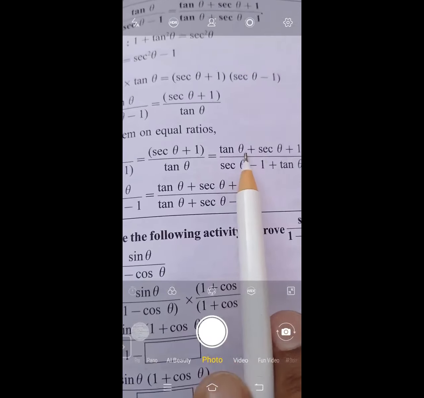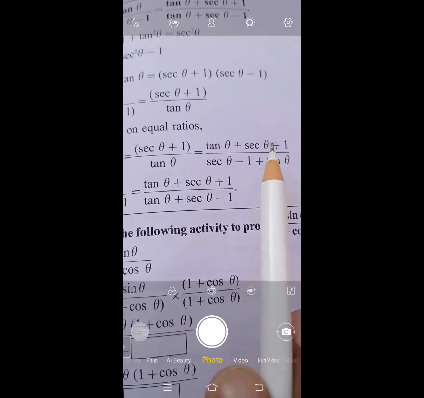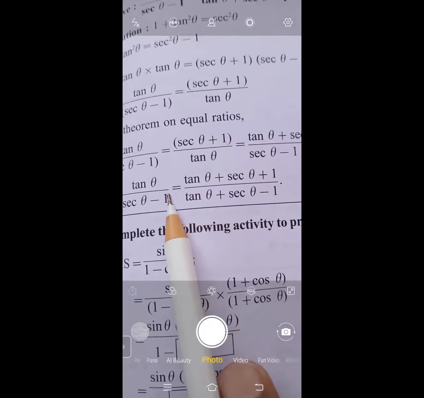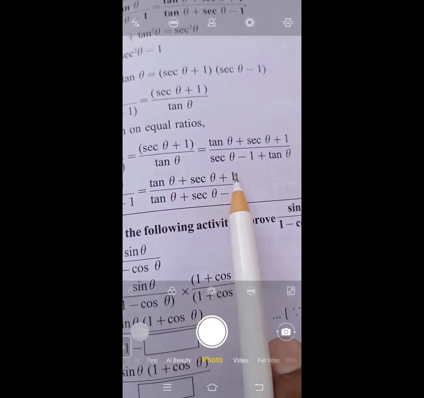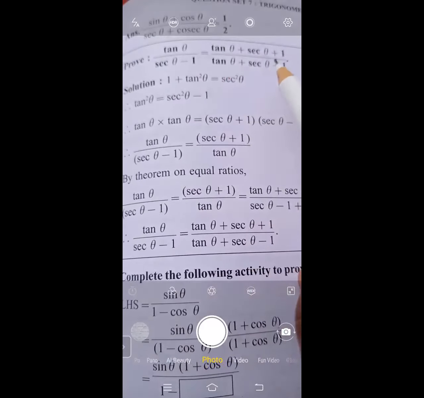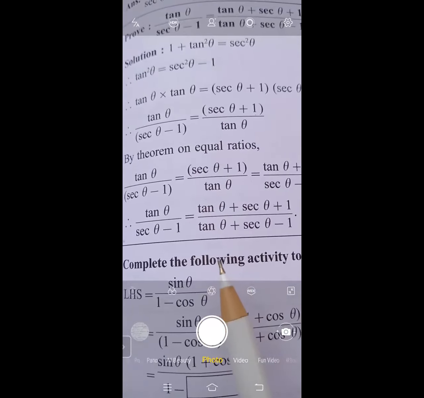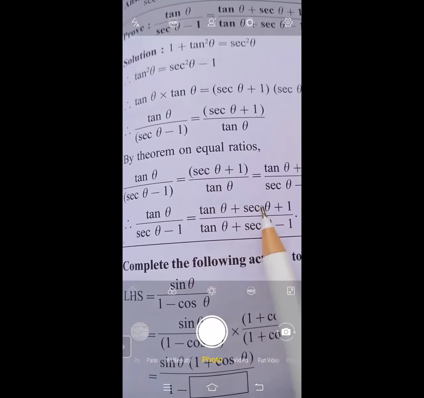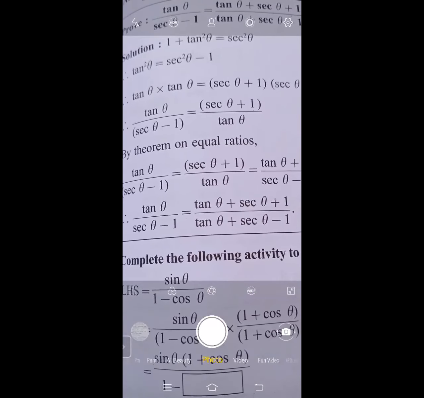So see, tan theta plus sec theta plus 1 divided by sec theta minus 1 plus tan theta. Now they have written tan and sec on one side and just plus 1 on the other side. And they have rearranged the terms as per the required RHS which we have to prove. So tan theta divided by sec theta minus 1 equals tan theta plus sec theta plus 1 divided by tan theta plus sec theta minus 1.